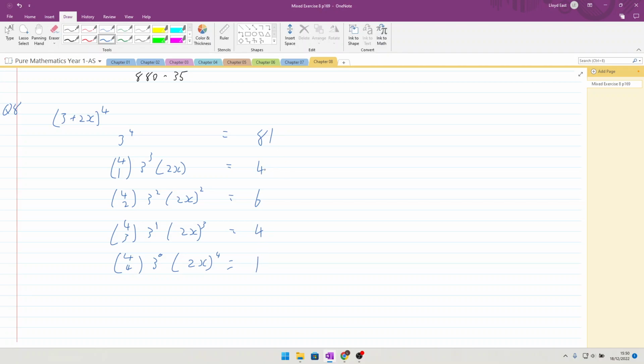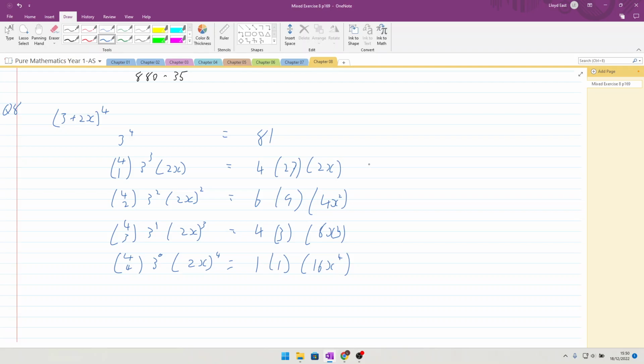Okay, and all of that then gets multiplied by 3 to the 3, which is 27, 9, and 3, and 1. And then that's multiplied by 2x, 2 squared is 4x squared, 8x cubed, and 16x to the 4.